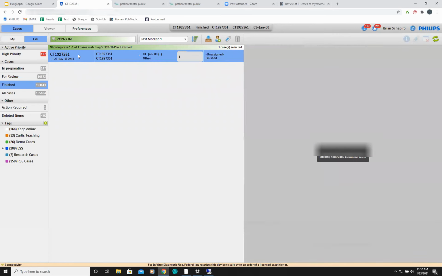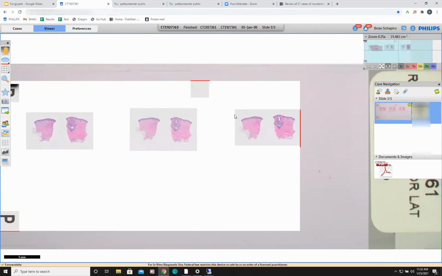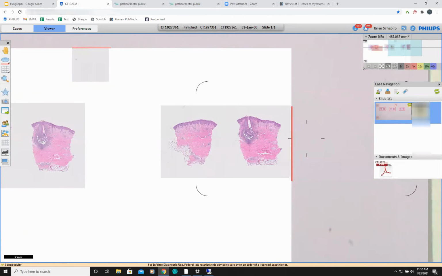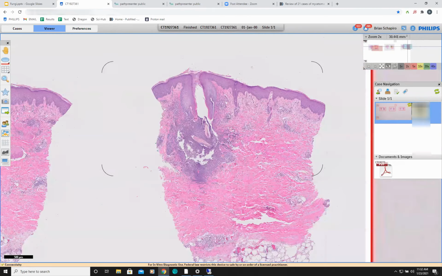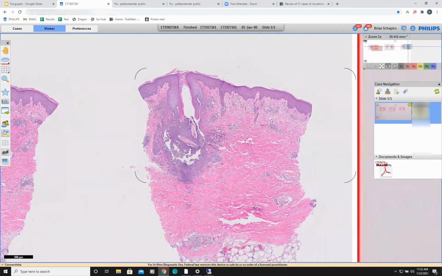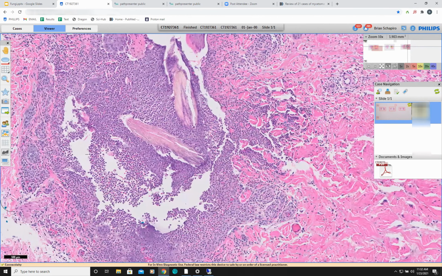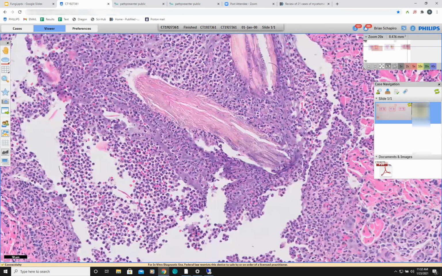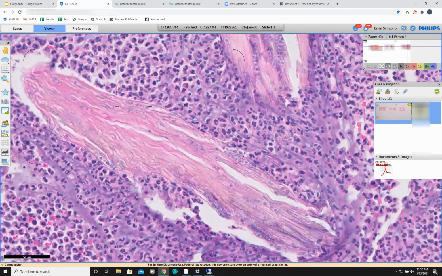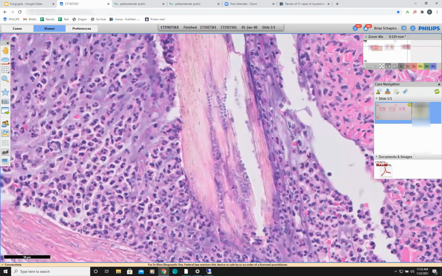So here's the next case, which was again a nice punch biopsy. You can see a little bit of epidermal hyperplasia, but not much. And there's a ruptured follicle with a naked hair shaft and a dense neutrophilic infiltrate, some macrophages, and inside the hair are these beautiful fungal organisms, hyphae.